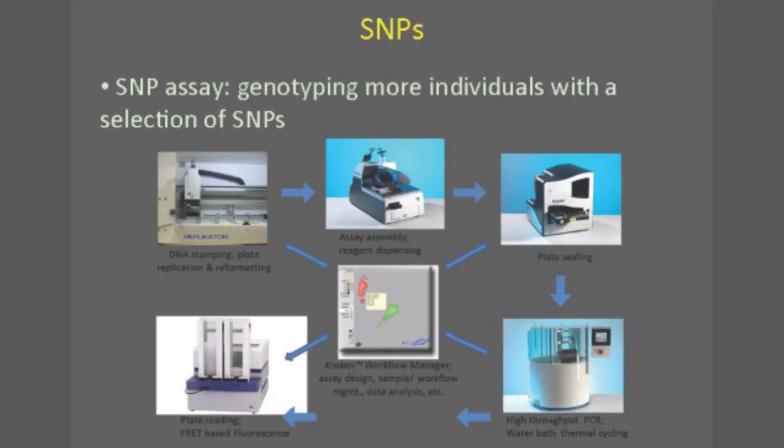Based on our 10,000 SNPs, we make a selection of maybe 500 SNPs, and we use those 500 SNPs to genotype more individuals. And because, as I mentioned, you can also look at things like heterozygosity, you can really zoom in on a population level. One of the things we really want to do is, for all the populations we have microsatellite data for now, analyze the same populations by using the SNPs.